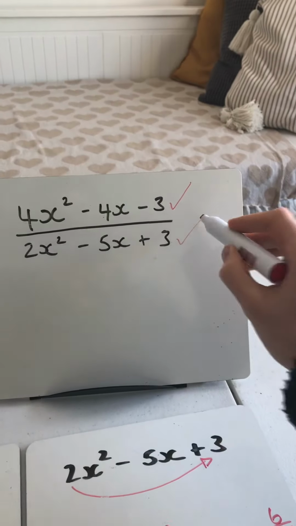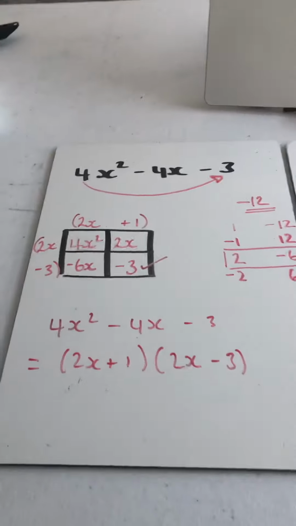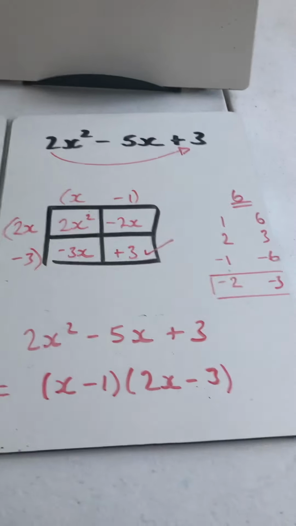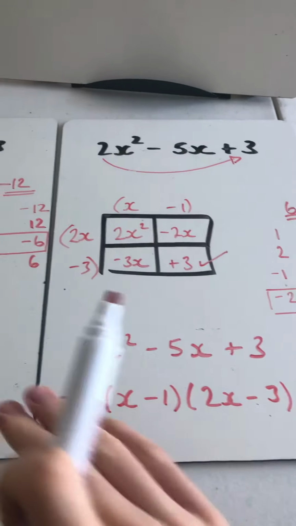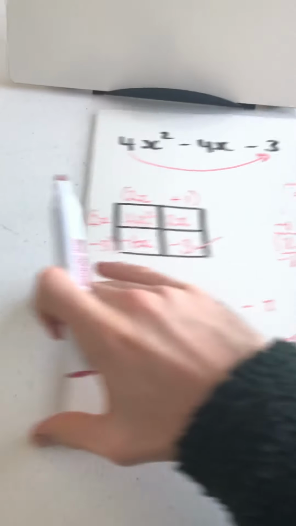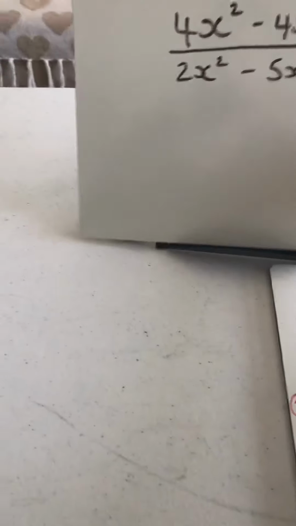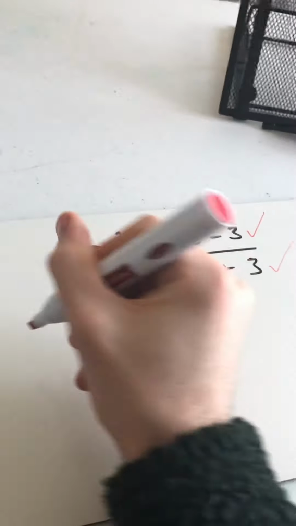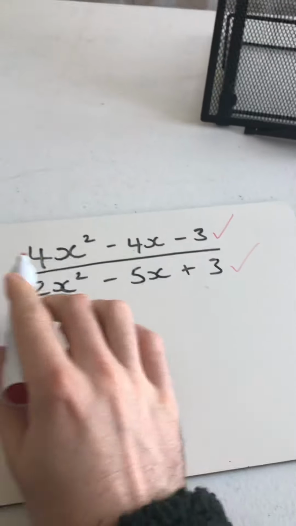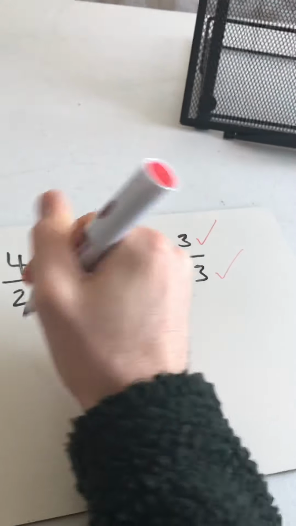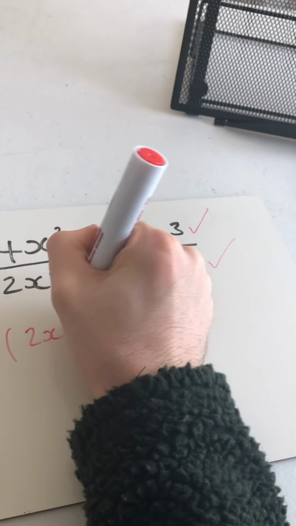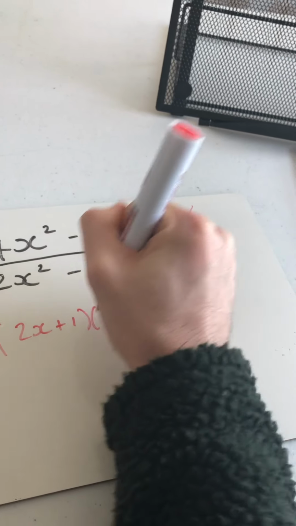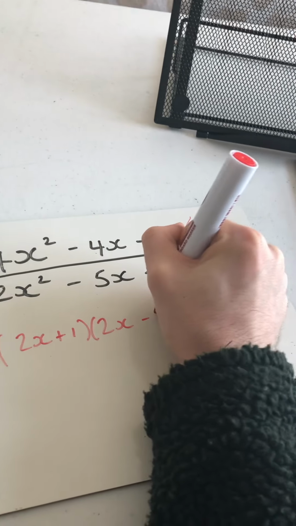Okay, so what we have now is we have factorised the numerator and factorised the denominator. So to finish off the equation, I'm going to bring down this board here. Now you've already factorised the numerator, and when you did that you got 2x plus 1 brackets 2x minus 3.